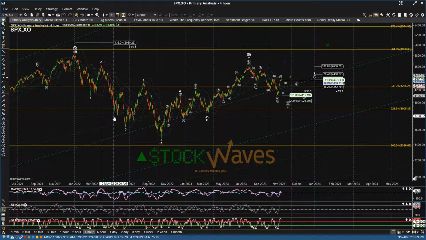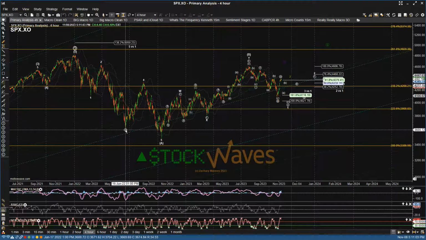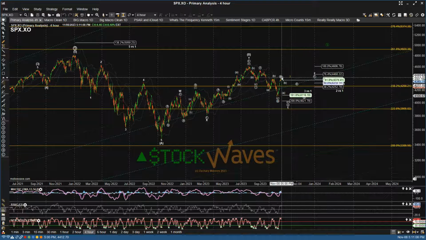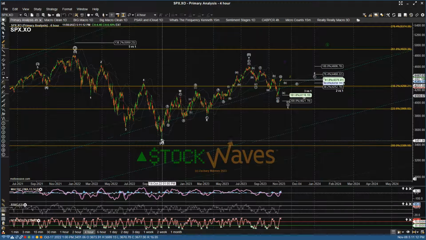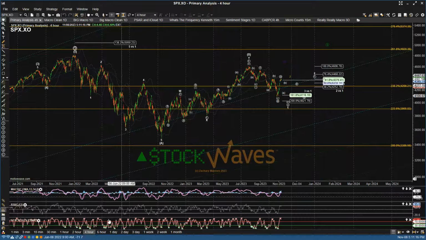But this can be an A wave, a B wave, and then a little bit of a muted C wave for that wave 3. And we have our high sharp wave 4, very similar to what we just got here off the October low. And then another ABC move down for the 5th wave of a leading diagonal off of the high.